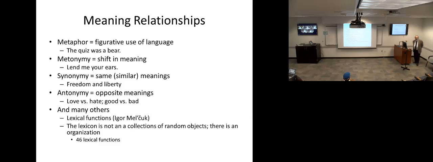Now, there's many more meaning relationships. Even though usually people just consider these, there's plenty more. So much so that some scholars, and I am partial to the theory of Melchuk, who is a Russian linguist that moved to Canada in the 1980s, he identified 46 meaning relationships in the lexicon.